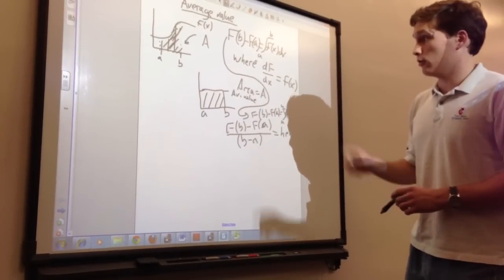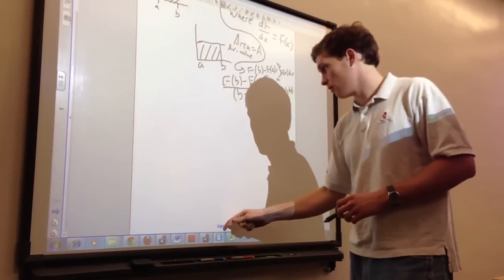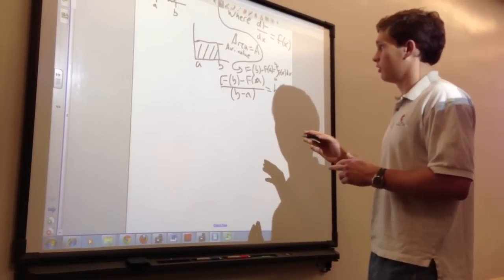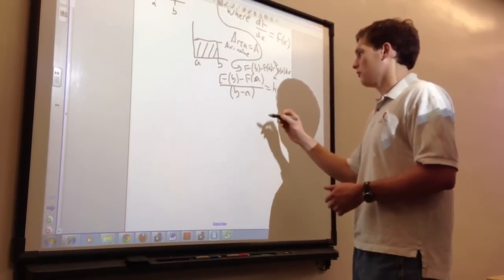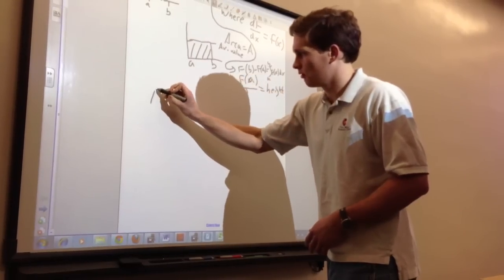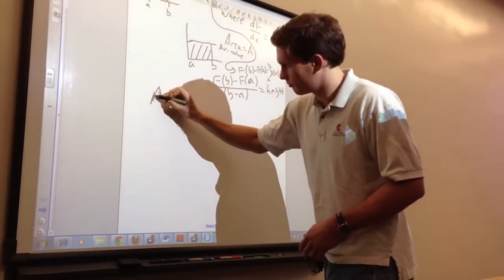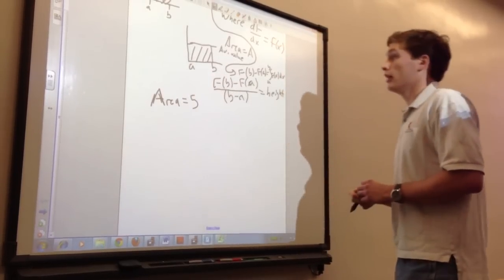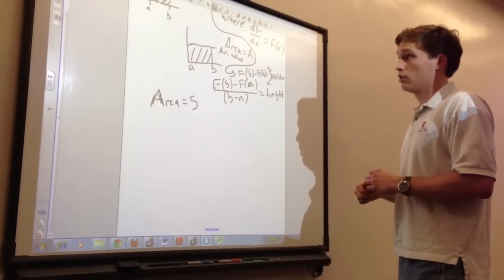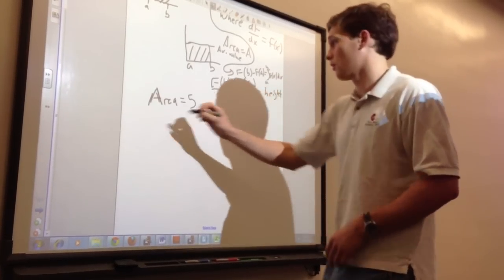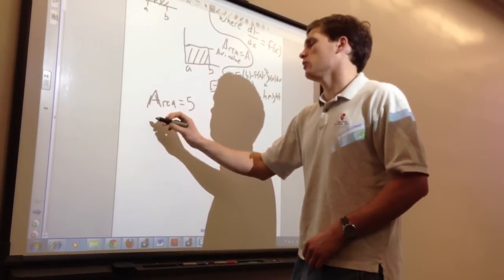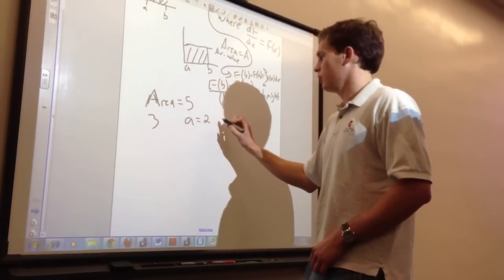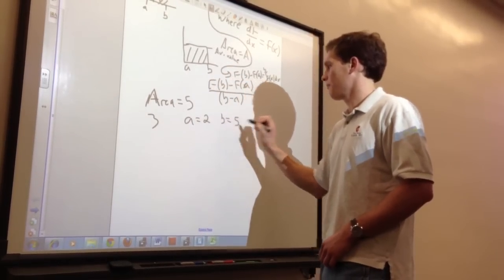Now, I will do an example. Let's say the area was equal to 5, and the total interval was 3, where a is equal to 2 and b is equal to 5.